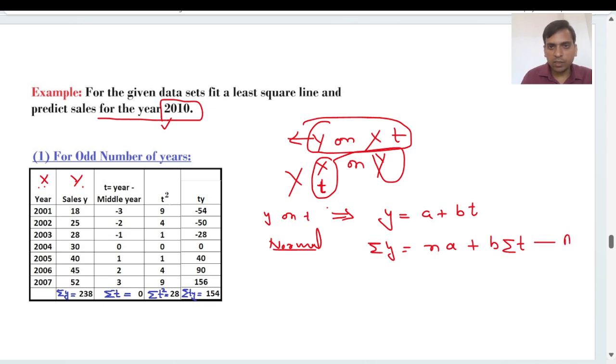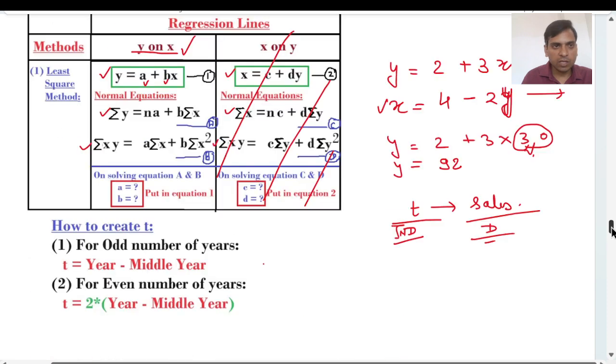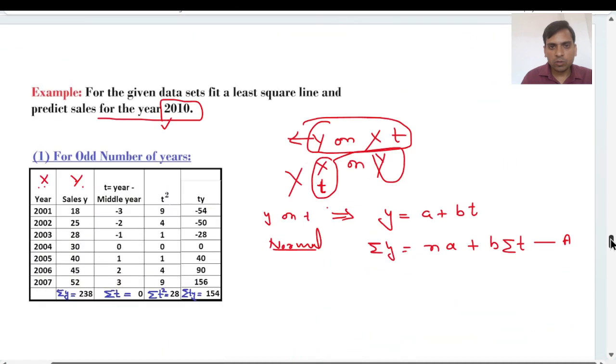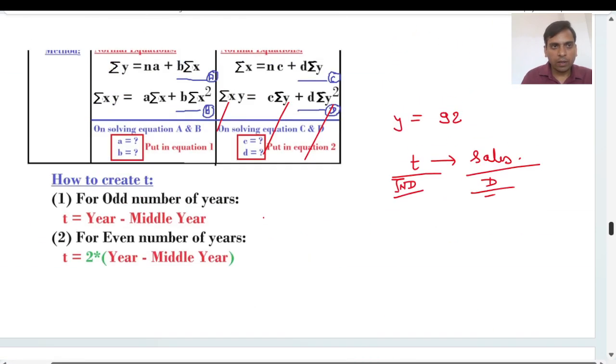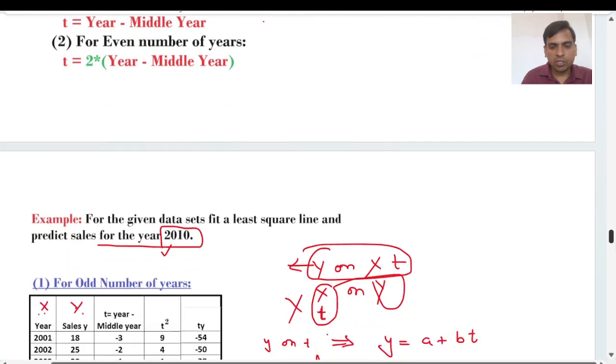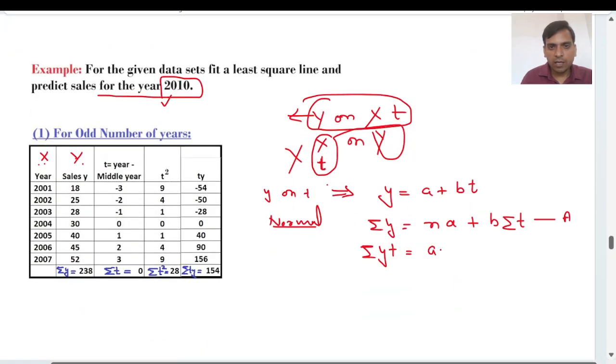This is equation number a. Now the second equation is summation xy equals a summation x plus b summation x square. So this equation can be written as summation yt equals a summation t plus b summation t square.